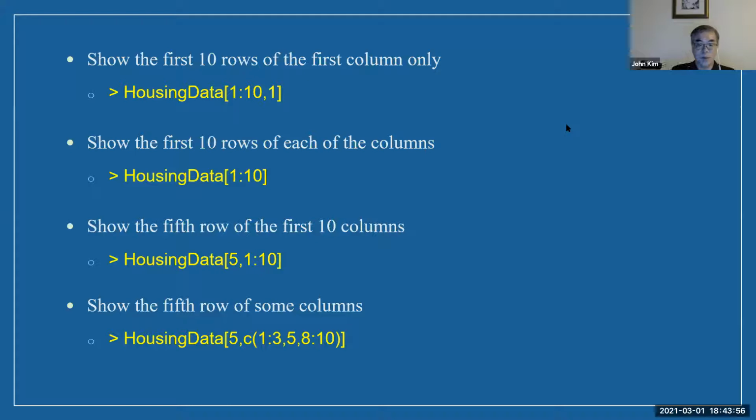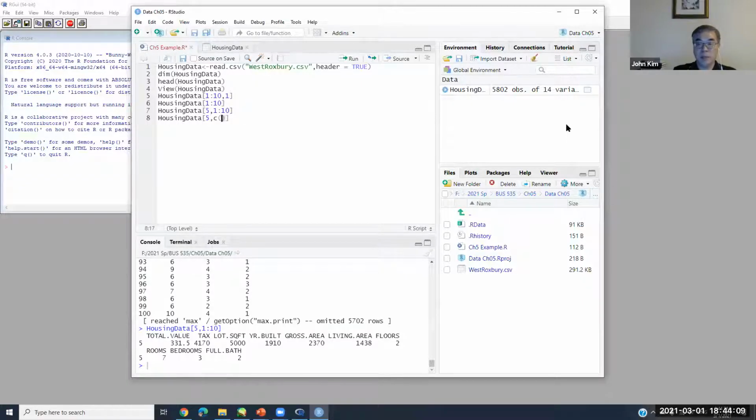So housing data, get fifth row, and then columns selectively 1, 2, 3, fifth, and 8 to 10.